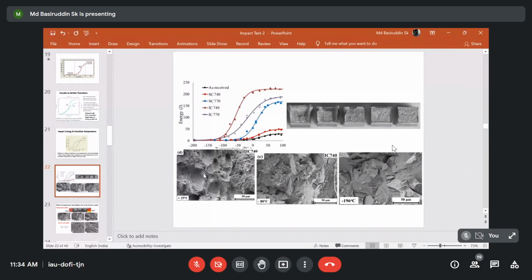So in that way you can characterize the fracture surface and correlate the energy absorption capacity at different temperatures. If you have the ductile fracture mode, then the material will absorb more and more energy, because when the material deforms in the plastic region, the area under the curve will be much more.